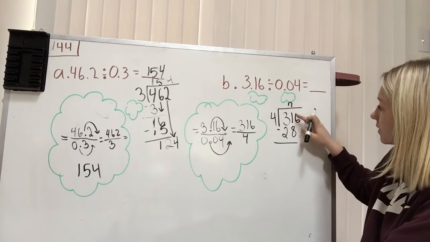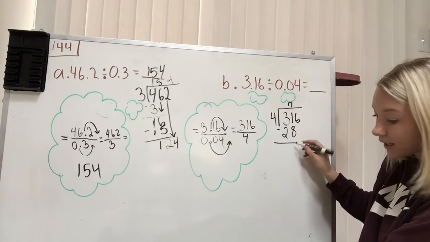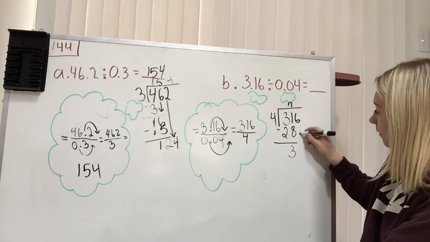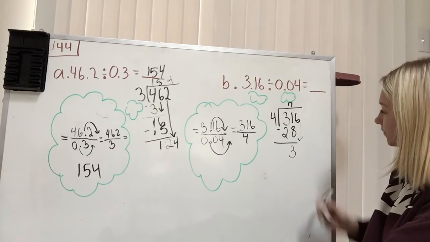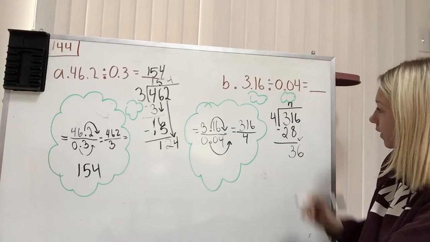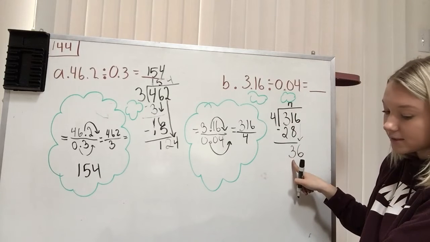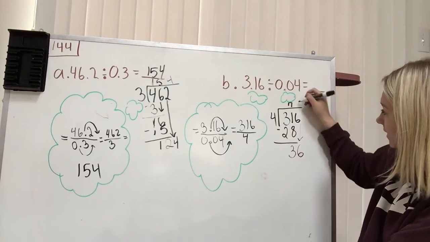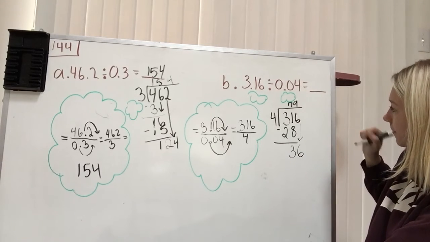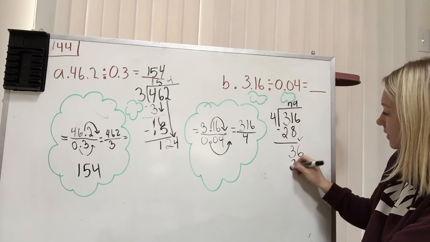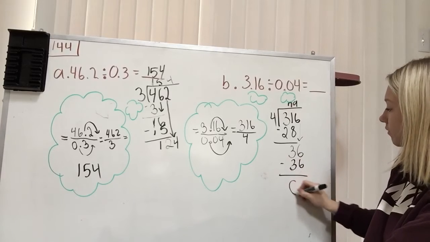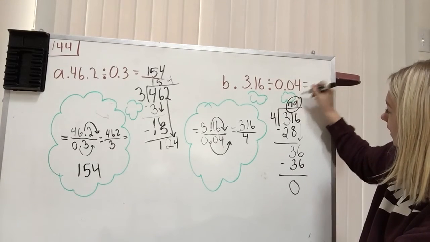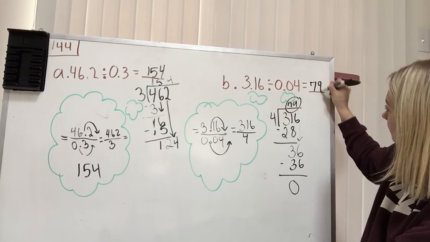So 31 minus 28 is 3. I'm going to bring down my 6. 4 times something is 36. How many times does 4 go into 36? 9 times. So 4 times 9 is 36, which means we do not have a remainder. So our answer is 79.